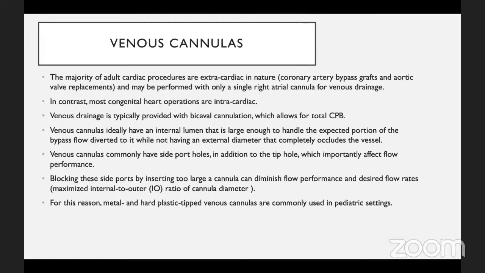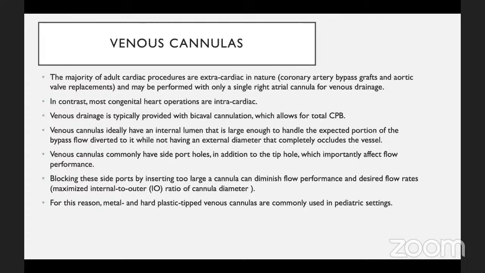Venous cannulas ideally have an internal lumen that is large enough to handle the expected portion of the bypass flow diverted to the reservoir, while not having an external diameter that completely occludes the vessel.